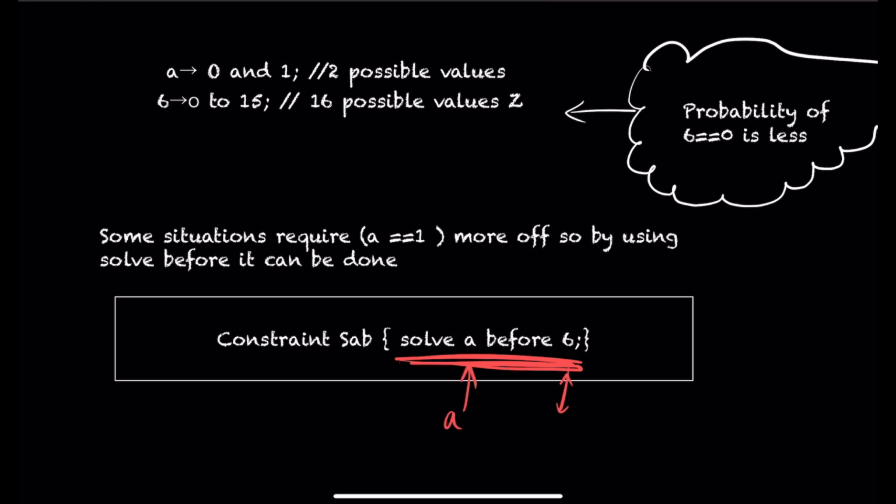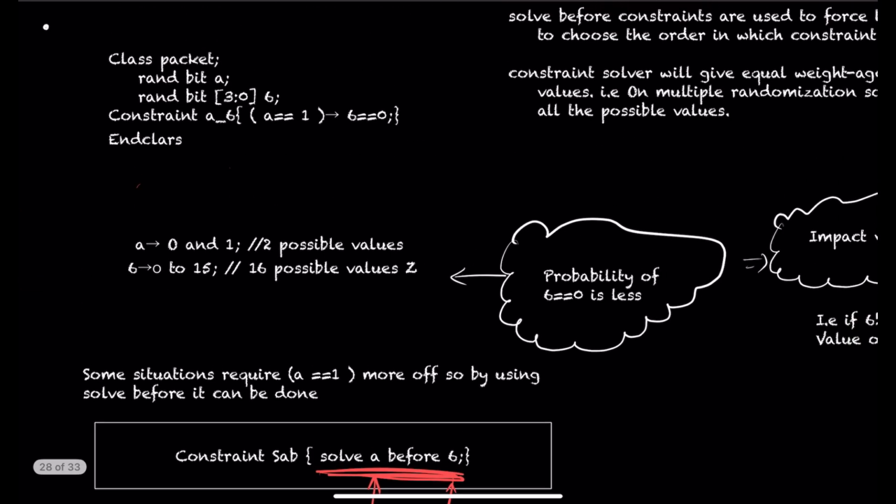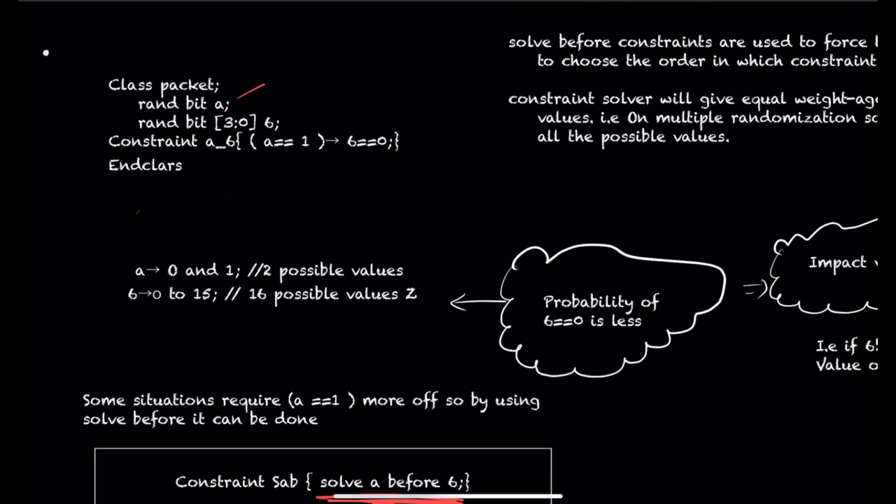based on the value of A, correct? And based on the constraint. So it will randomize A first. First it will check whether the value of A is randomized as 0 or 1, correct?